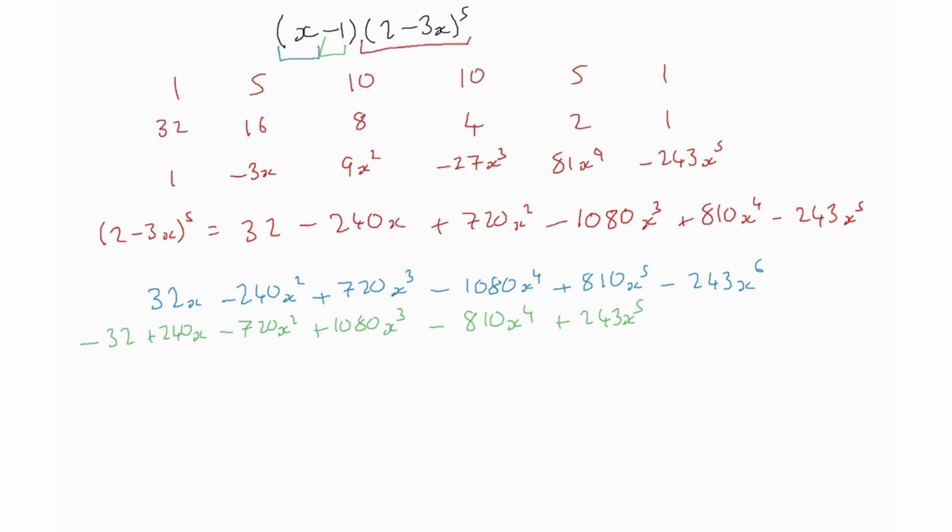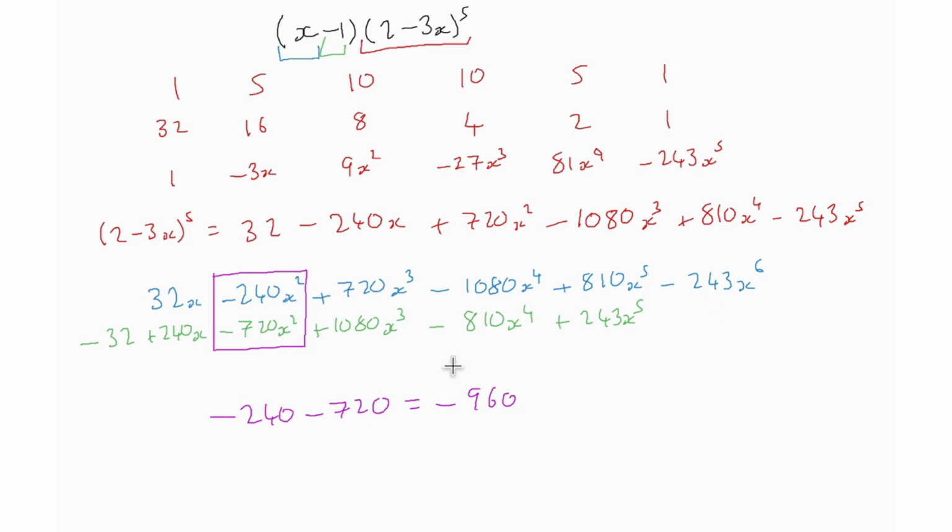And then from there we can see the bit that we're interested in, the coefficient of x squared, going to be those two. So it's minus 240 minus 720, which is equal to minus 960. And we get the same answer as we did in the previous approach.